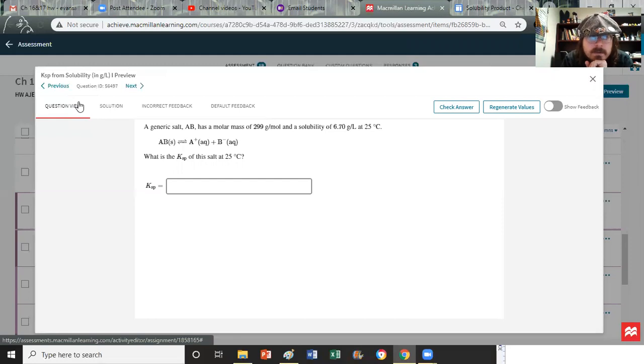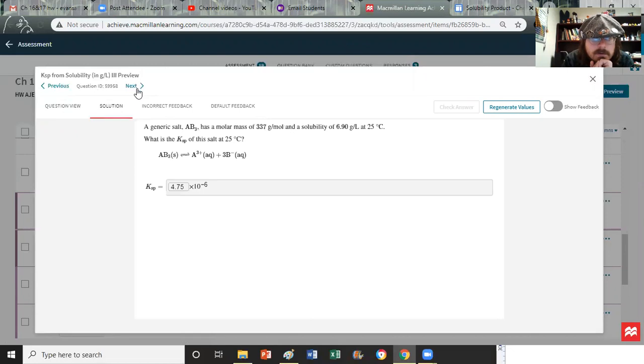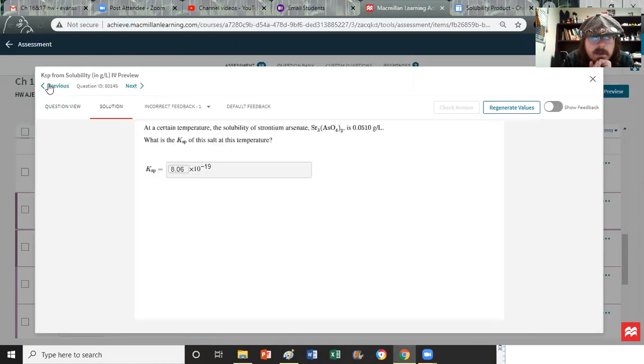If our salt has a generic molar mass of 299 grams per mole and has a solubility of 6.7 grams per liter, what is the KSP? These are actually not too bad as long as you understand the concept of KSP.